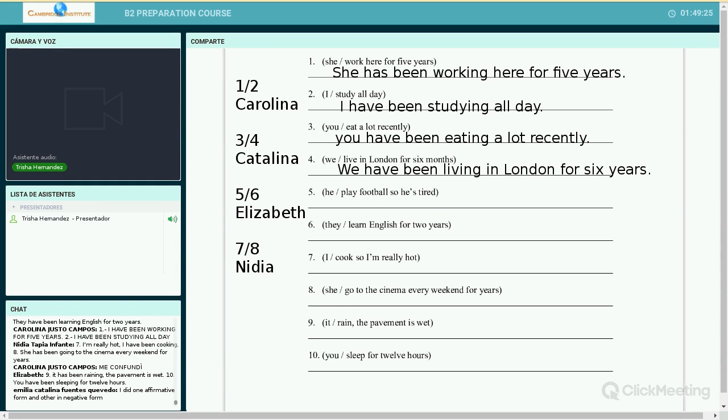Number 5, he played football, so he's tired. He has been playing football, so he's tired.